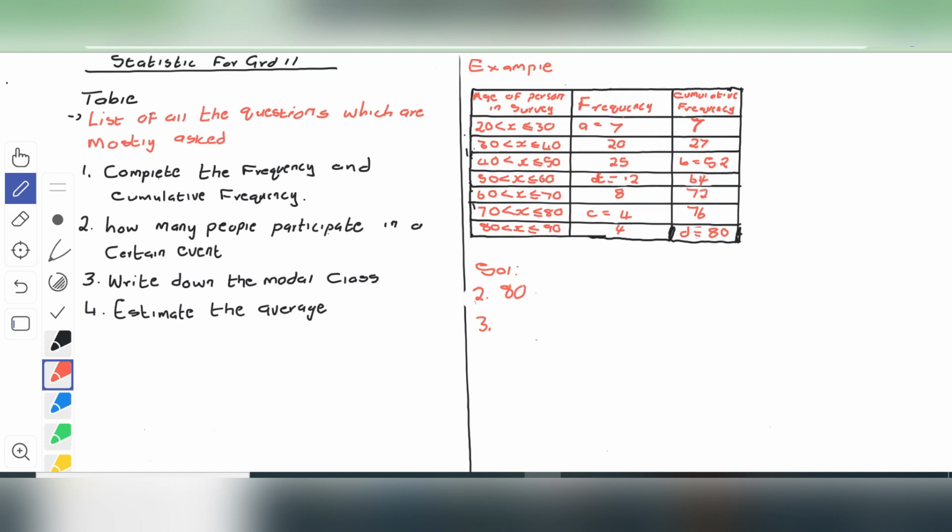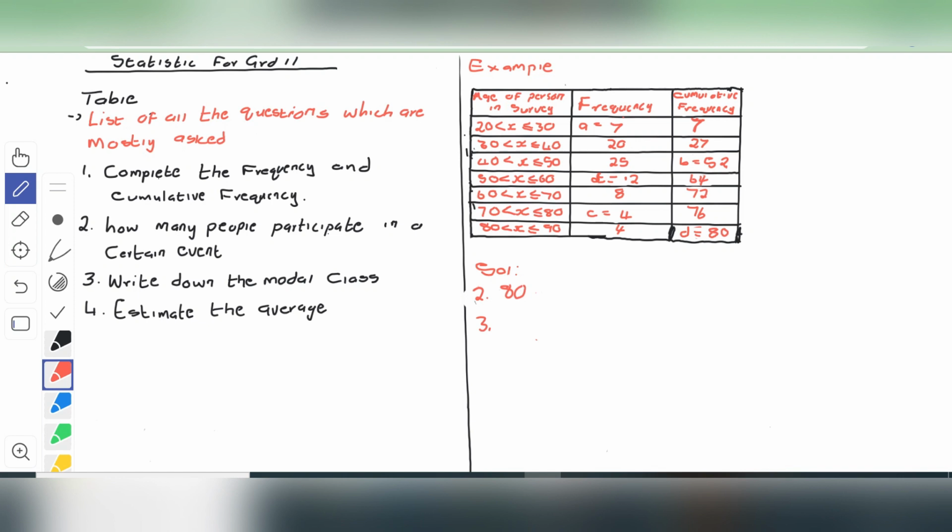How do you check the modal class? It's simple, guys. Whenever we talk about the modal class, we talk about the most class, yeah. So the easiest way to find the modal class is to check the highest frequency.